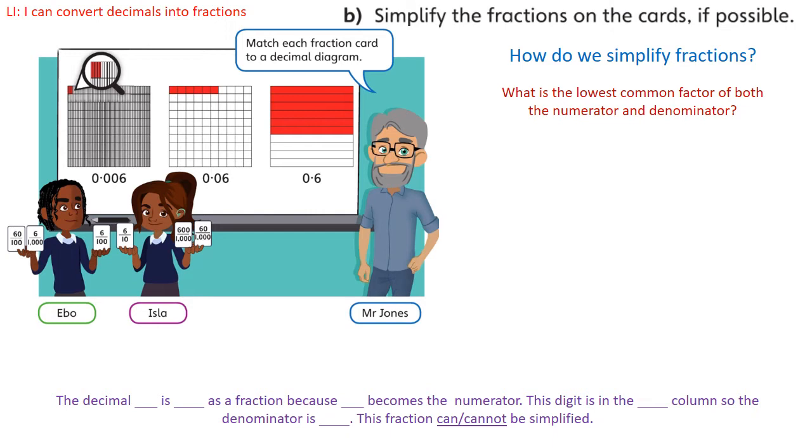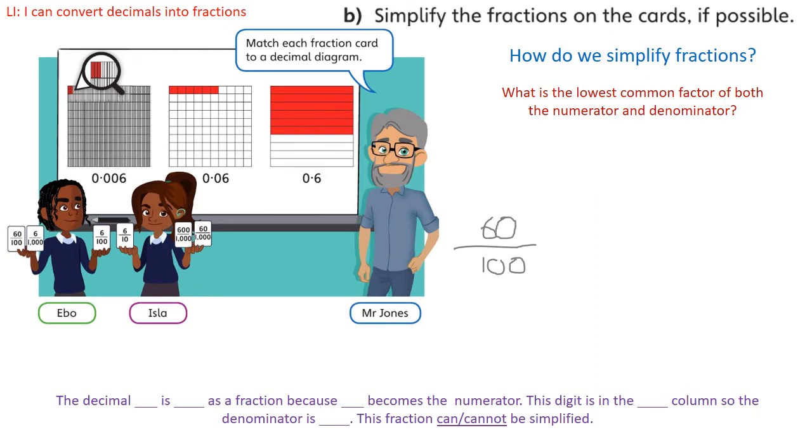So let's have a look at our first one. We have 60 hundredths. How are we going to simplify 60 hundredths? Well, the first thing I notice is that 60 and 100 can both be divided by 10.